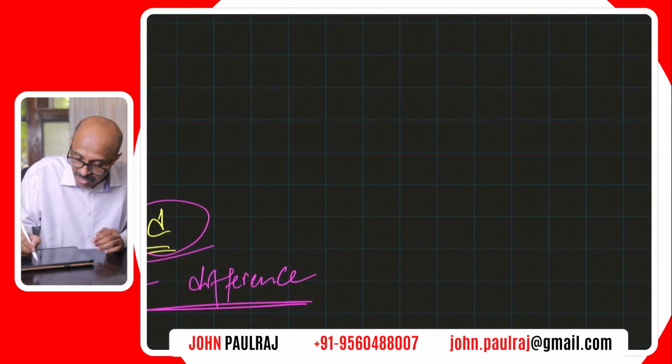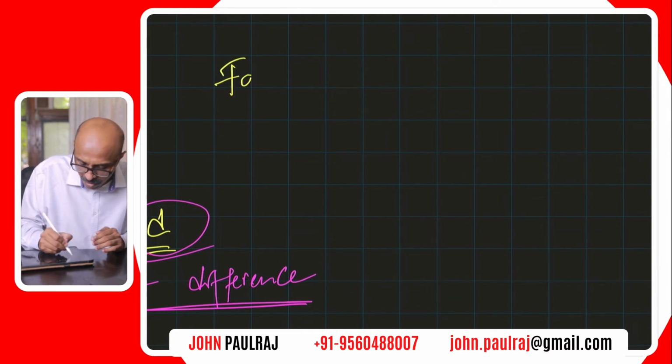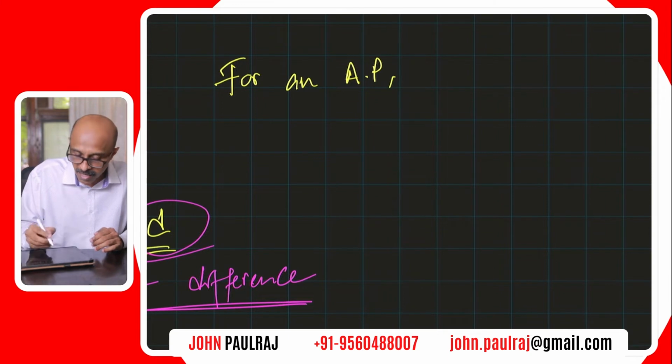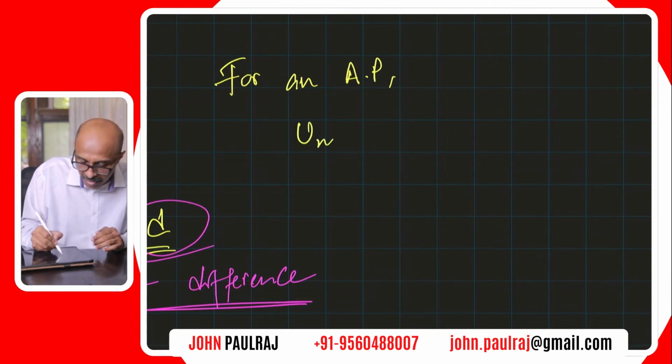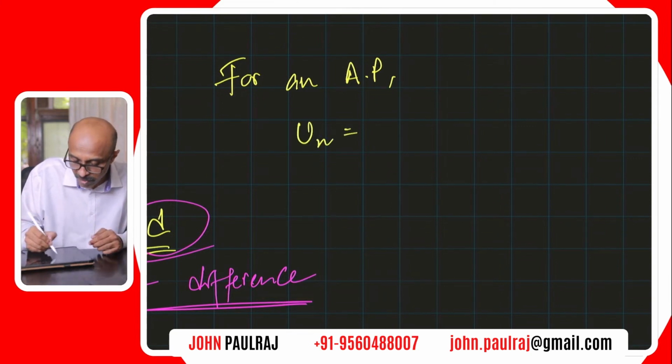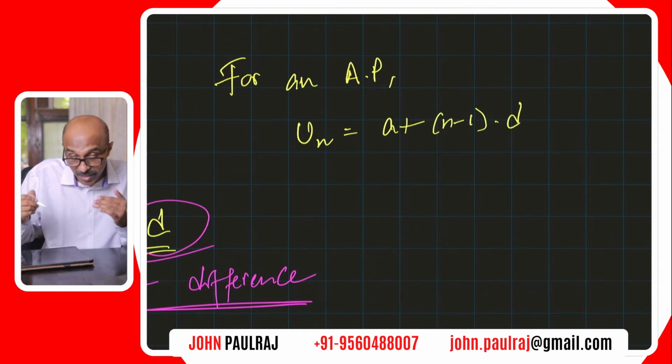If you have an AP, an arithmetic progression, the general term U n is given by the formula A plus n minus 1 times that D that we've just found out.